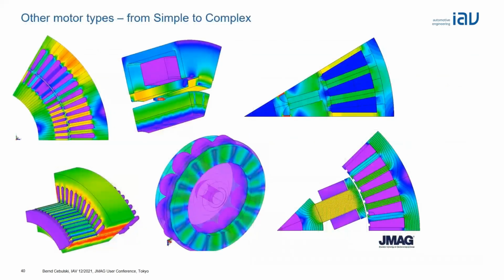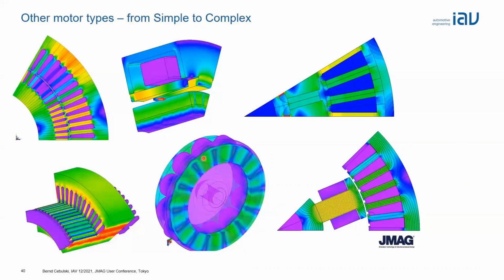I've talked a lot about permanent magnet machines. Of course, there are other machine types on the market, which we also face in our projects, although the PSM is really the dominating technology right now. But we are doing simulation with induction motors, 2D and 3D. This is a small stepper motor used for a special application. There are different magnet arrangements here. There is the current excited permanent magnet machine.